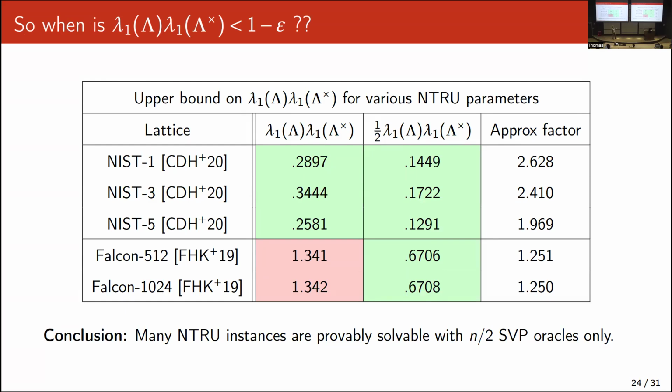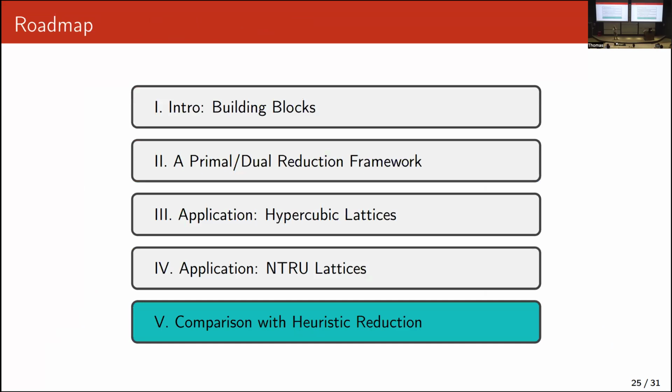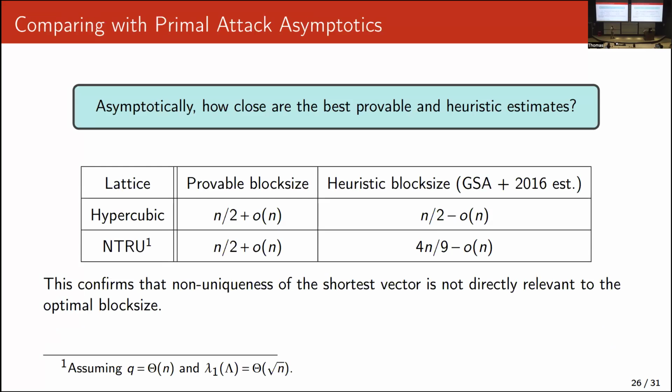The gap you have with 1 also allows for some leeway on the approximation factor that you then use. So the conclusion is that many NTRU instances are provably solvable with n over 2 SVP oracles only. All right, so just to finish, I'll compare this with what we know of stick reduction to see how things compare. So asymptotically, I'm still looking at asymptotics here.